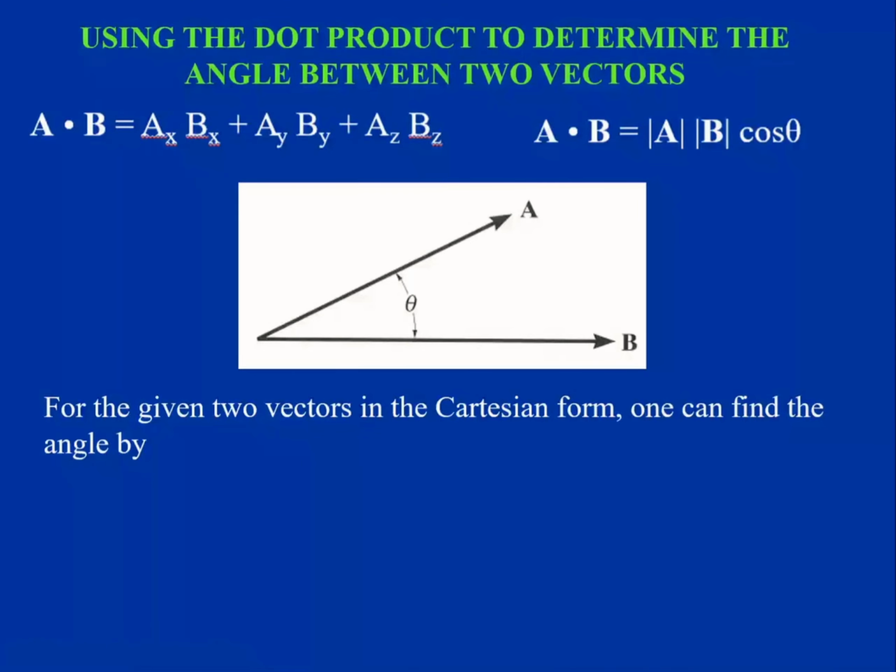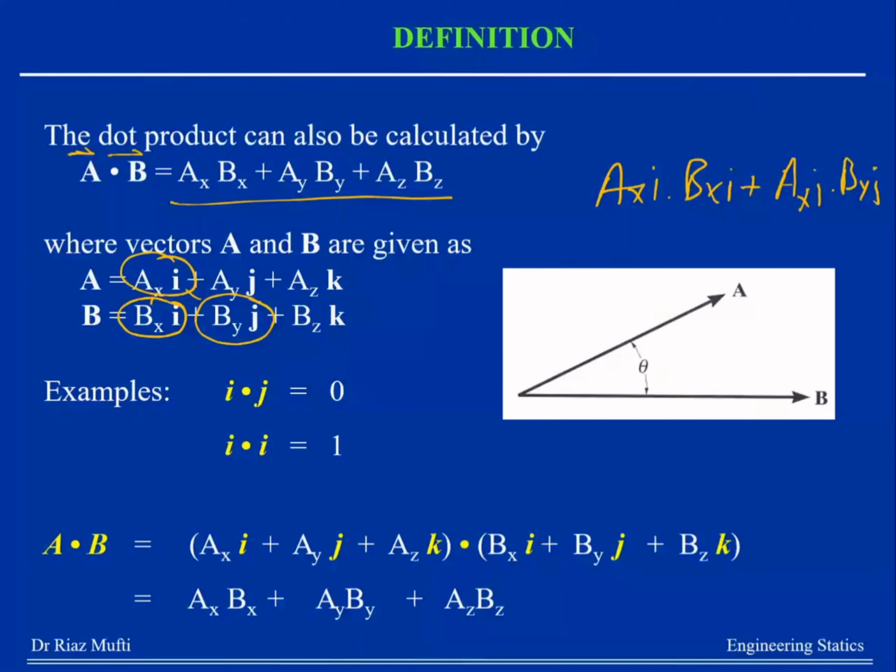And same as, plus AX i into BZ k. That's the first, and then I can do the same for AY and AZ. The one I want you to concentrate on is this one.